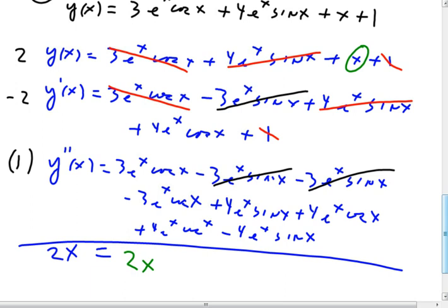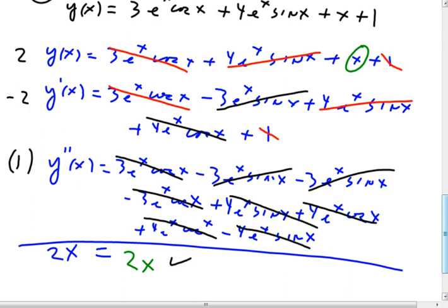I've got minus 8 cosine, and we have a plus 8 cosine sitting right there. I got a plus 3 and minus 3 cosine sitting there. I got a plus 4 and minus 4 sine sitting there. And my work checks.